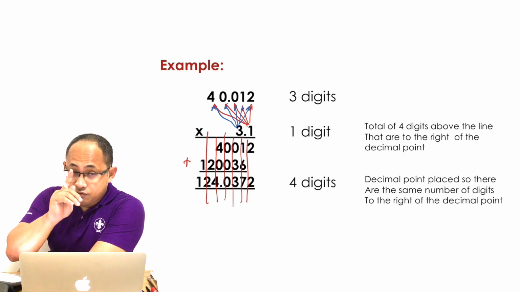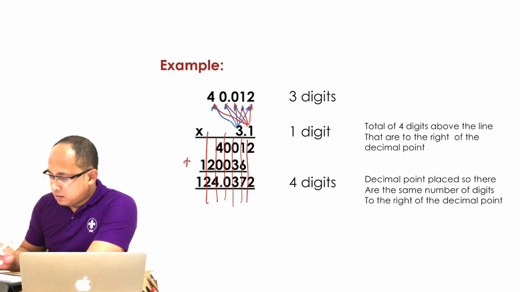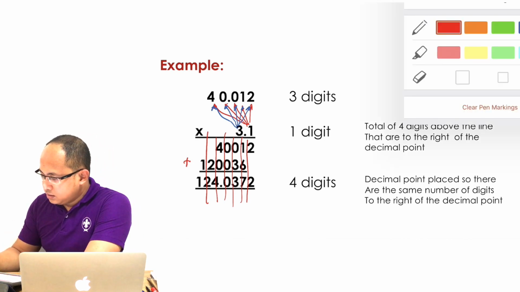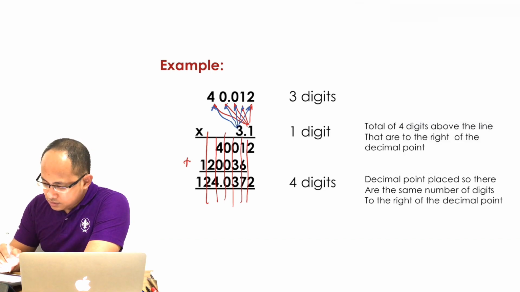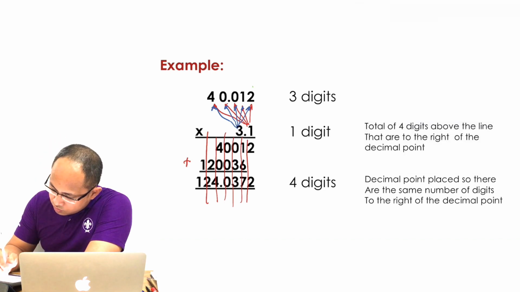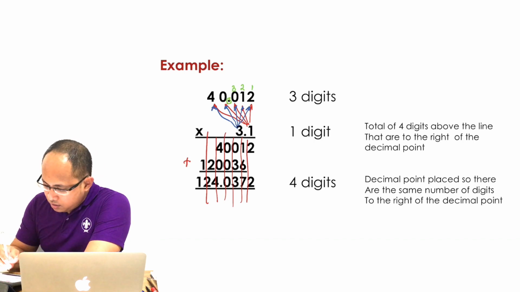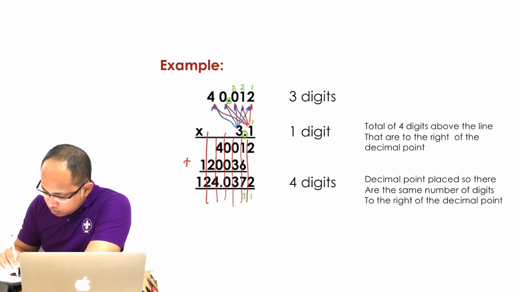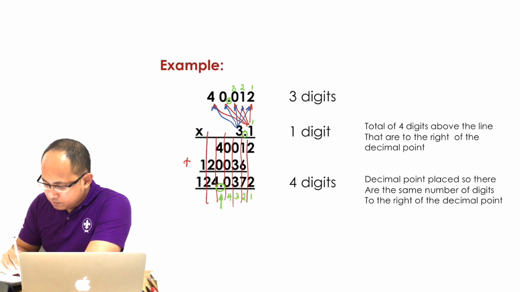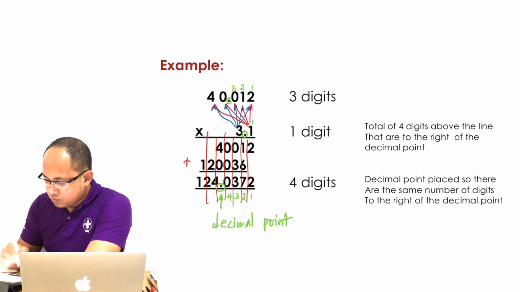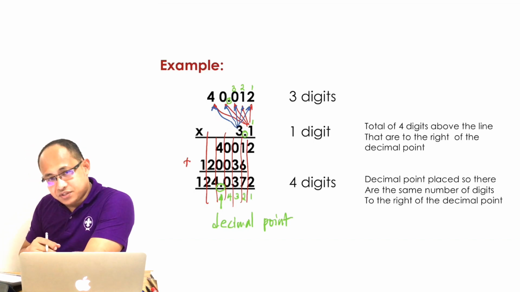And then, after you add everything, you count the decimal places. Count the decimal places. You see, here for the first number there is 1, 2, 3 after the decimal point. Here you have 1 after the decimal point. So if you count it, 1, 2, 3, 4. So therefore we count here 1, 2, 3, 4, and then you put your decimal point. I hope it's clear.